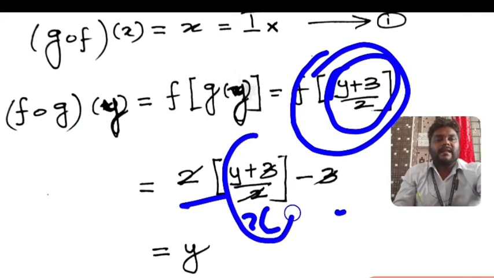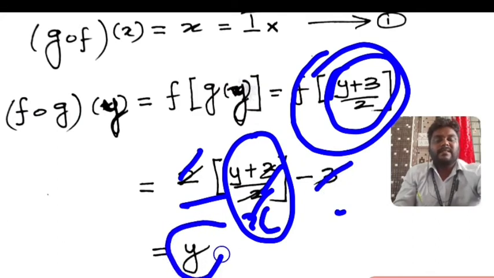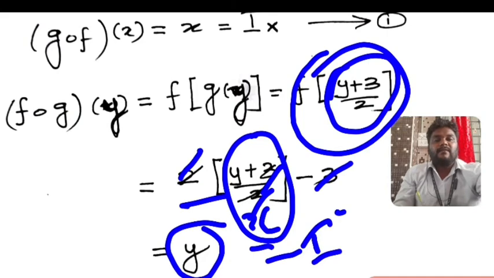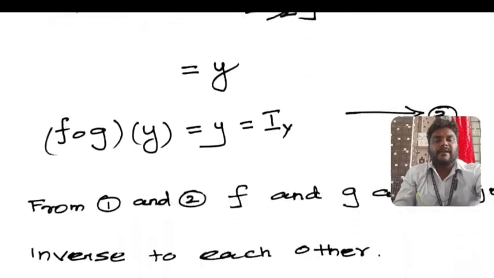So here, instead of x, I replaced (y plus 3) by 2. Then the 2s will cancel, remaining y plus 3 minus 3. The plus 3 and minus 3 cancel. So the remaining term is y. So it's the identity function of y.